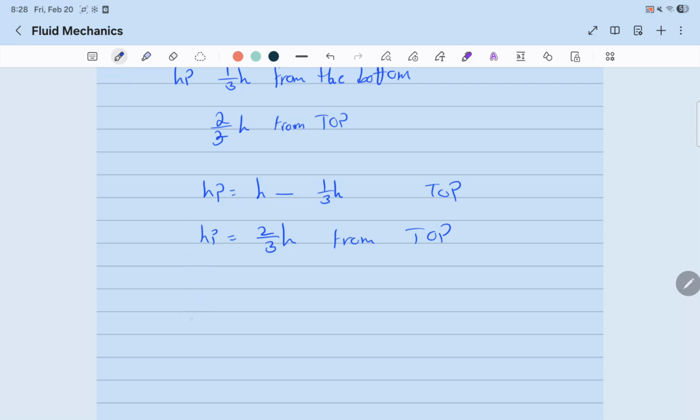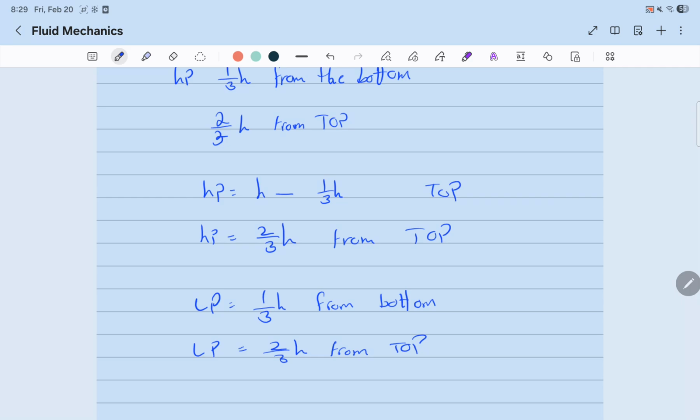So LP equals, same thing, 1 over 3 of H from the bottom, and it also equals 2 over 3 of H from the top.